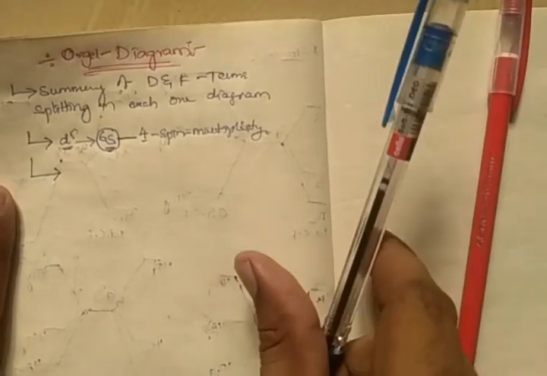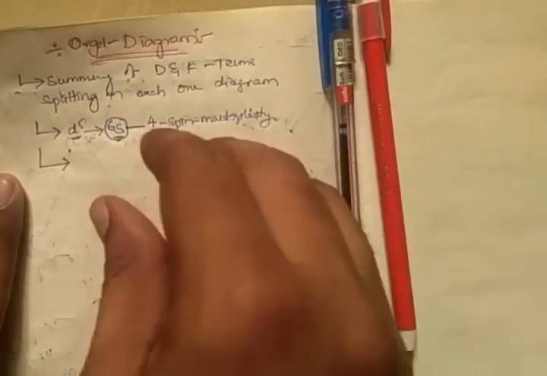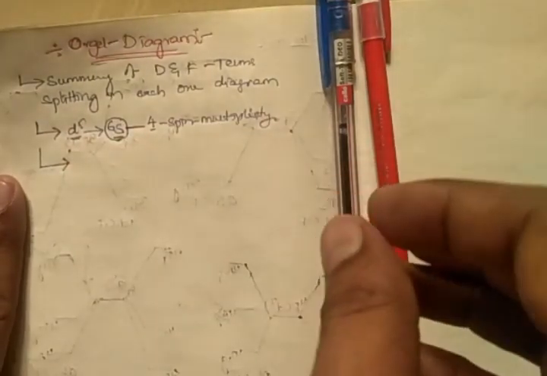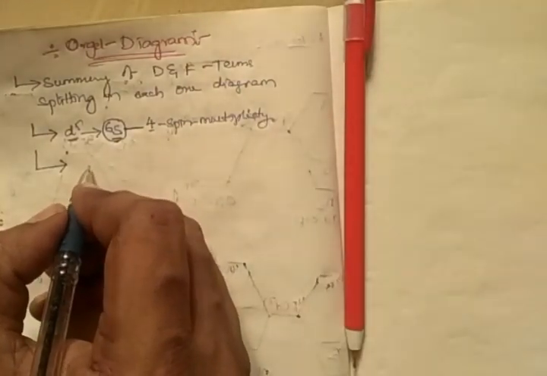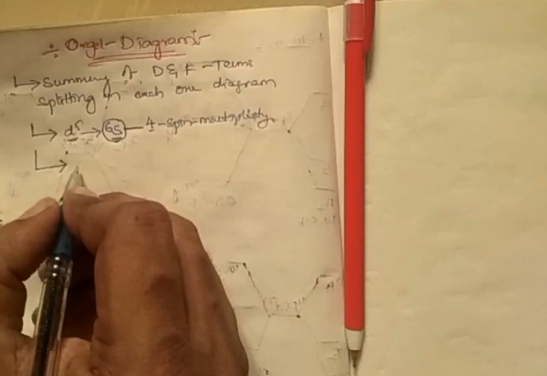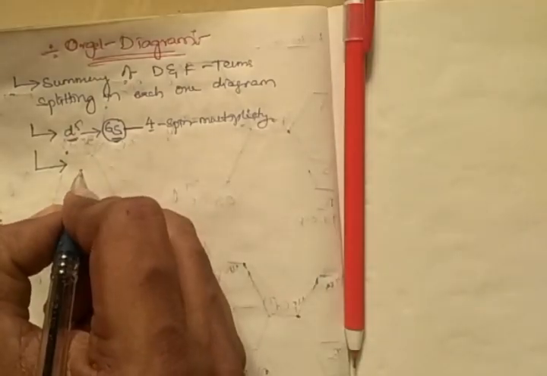Now to extend the Orgel diagram, he classifies the electronic configurations of metal complexes into three groups.